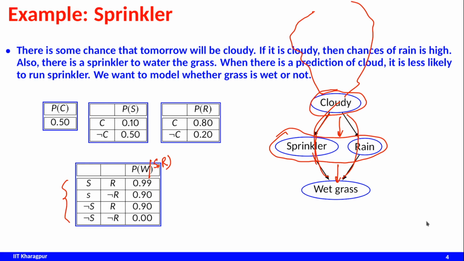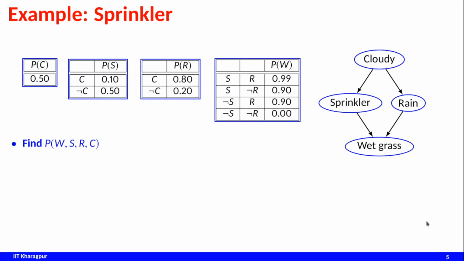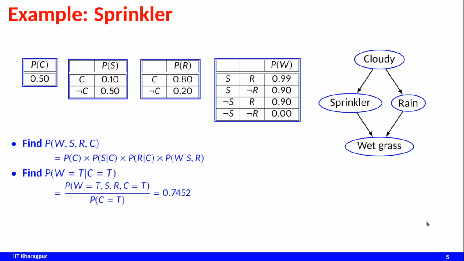I can simply go through this path and find that out. Let us see how we can proceed with that. If this is given, then you can find the joint probability, which I am not going to explain much, and you can figure this out.